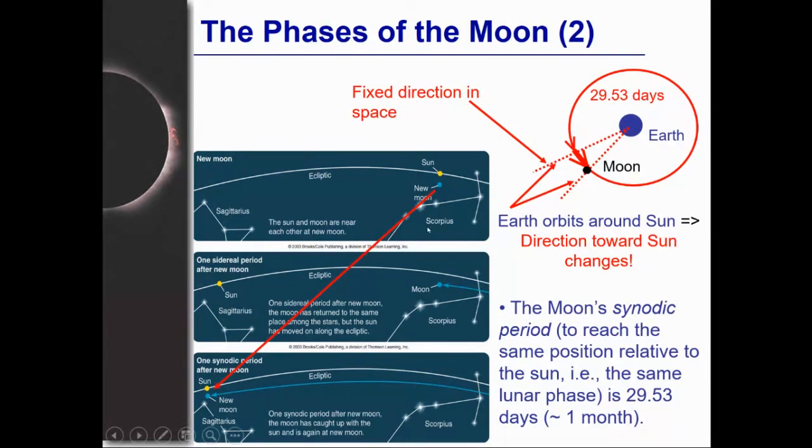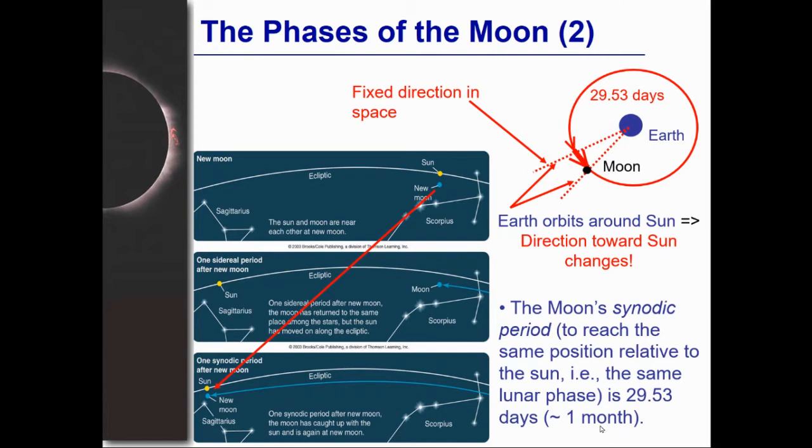But if it comes back to the new moon again, where the moon, the sun, and the earth are in one line, which we call a new moon, that's when you actually need a period of 29.53 days. This is what we call the synodic period of the moon, which is roughly, when we look at a month, about 30 days.